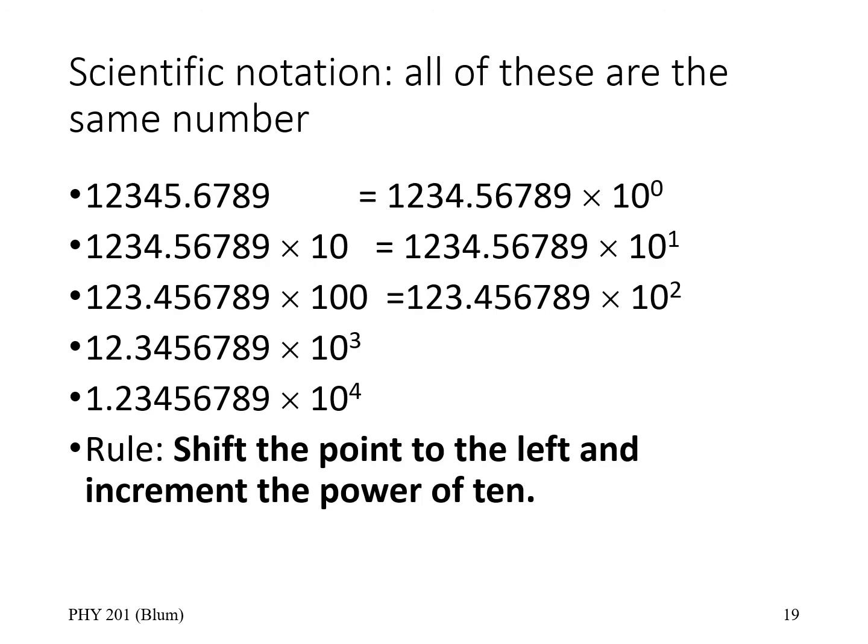Let's take a somewhat large number, 12345.6789, which can be represented as 12345.6789 times 10 to the 0. 10 to the 0 is 1. I'm multiplying by 1. I'm not doing anything. I can move the decimal place once to the left, 1234.56789, and multiply by 10, or 10 to the first. I can move the decimal place another position to the left and multiply by 100.